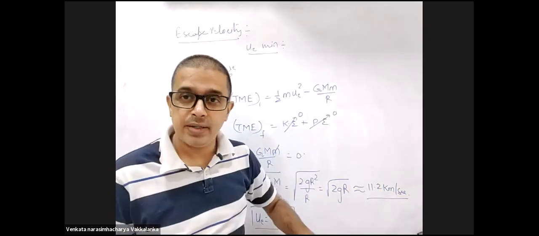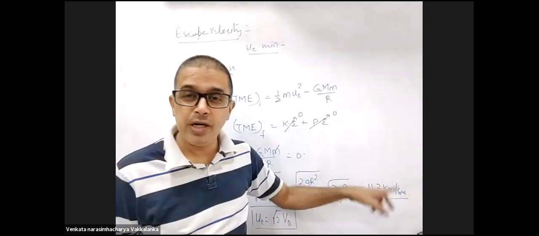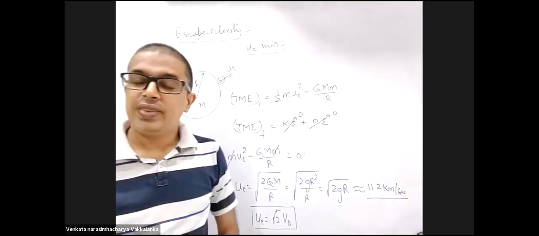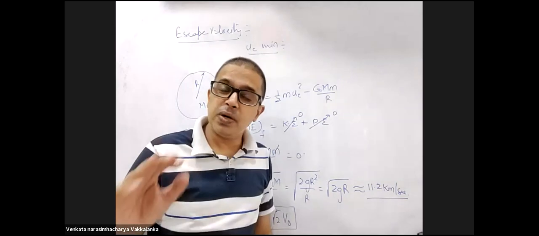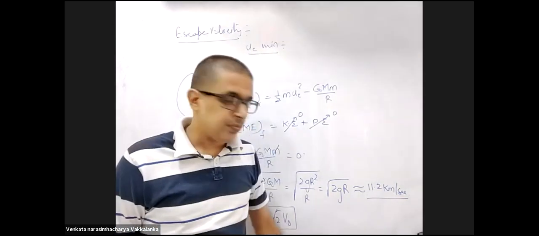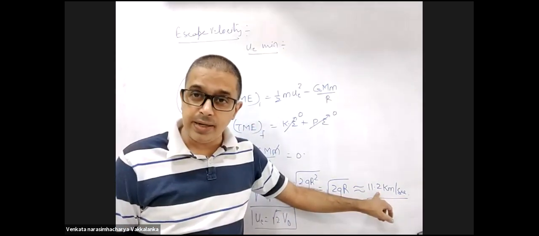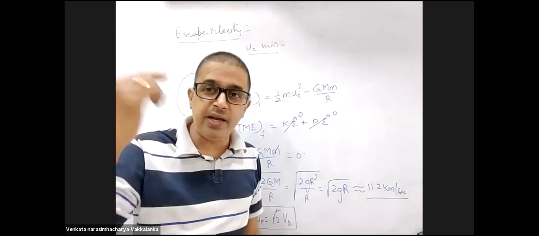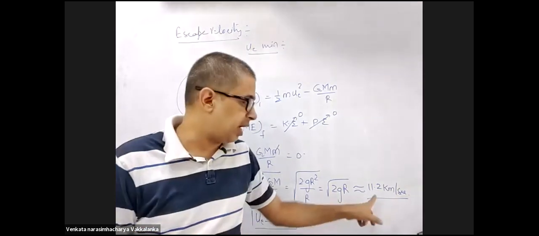It's a blunder. 11.2 kilometers per second. Kilometers per hour is a much lesser value. Kilometers per second is an abnormally high value. You can reach Delhi from Mumbai in 2 minutes at this speed.